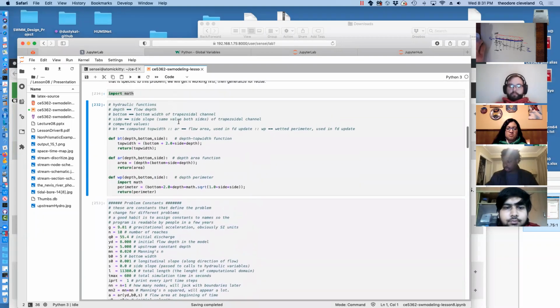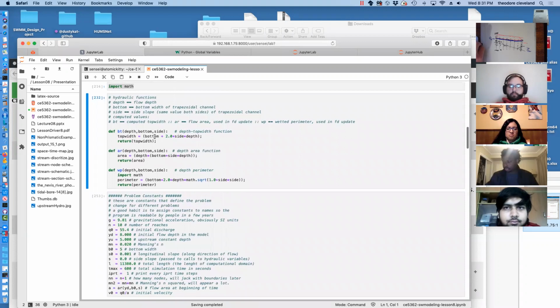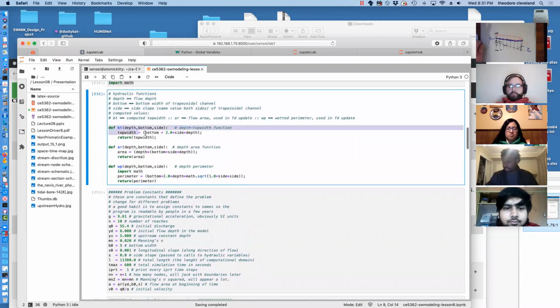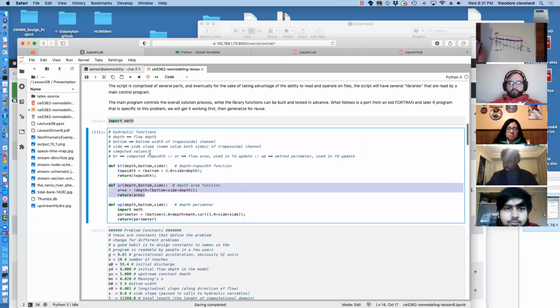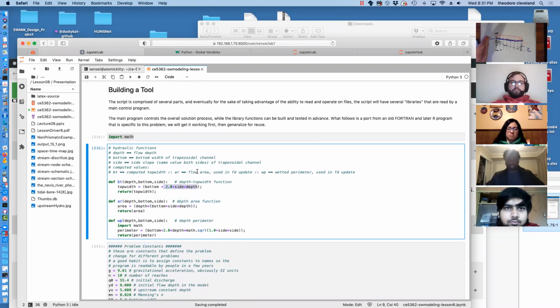So we're going to build our hydraulic functions again. This is no different than the last time, except going from a rectangle to a trapezoidal channel is almost trivial, and yet a trapezoidal channel is a geometry that has some actual value, because we can approximate a lot of real world stuff with trapezoidal channels, especially if we get fancy by letting the side slopes be different on the left side and the right side.